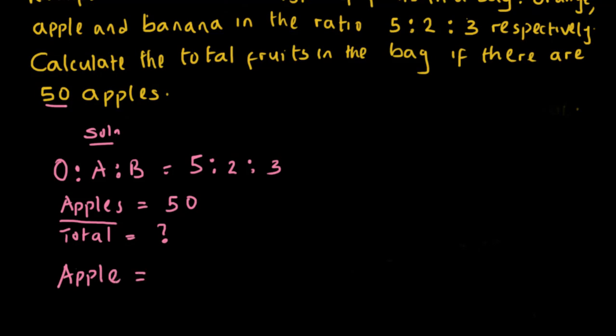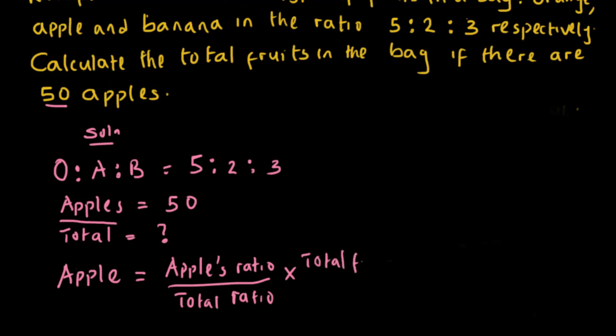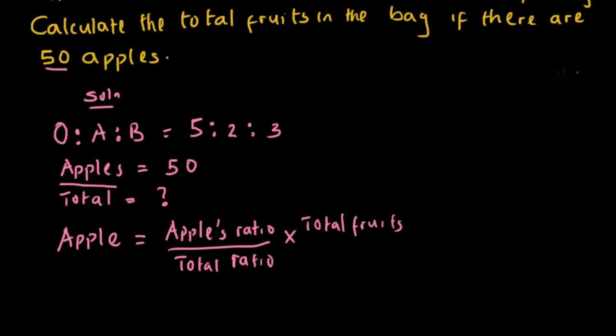So apples equals apples ratio all over total ratio times total fruits. I hope you understand. So this is the formula for finding the number of apples. Now we are going to slot in the values we have into this formula.